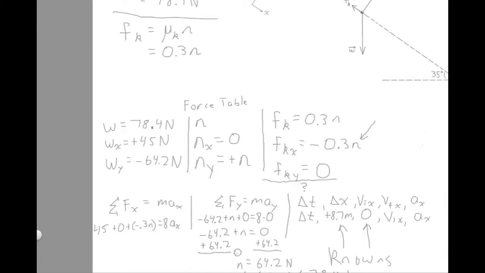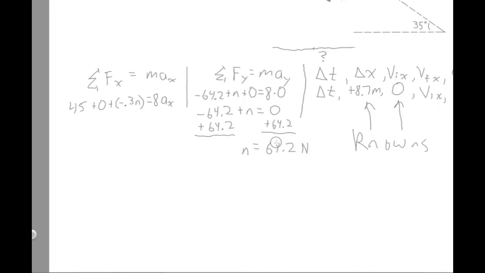All right, so we've checked that this result makes sense. Now what? Well, now we want to substitute this into one of our other approaches. The normal force doesn't appear in kinematics, but it does appear in the x equation for Newton's second law. So we can take this value and substitute it in over here.